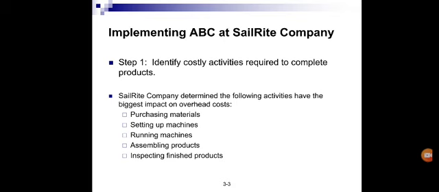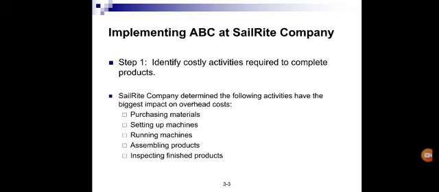So you want to use ABC to allocate costs to the product or to each product. So what should you do? The step 1 is you have to identify the activities required to complete the product.